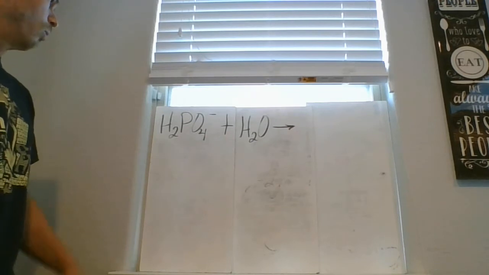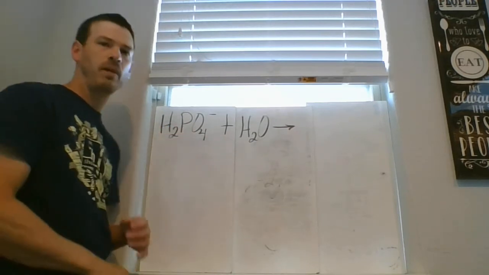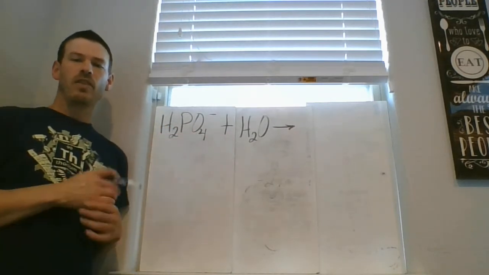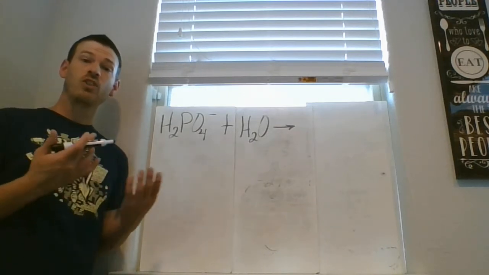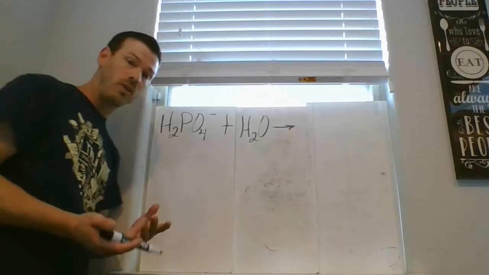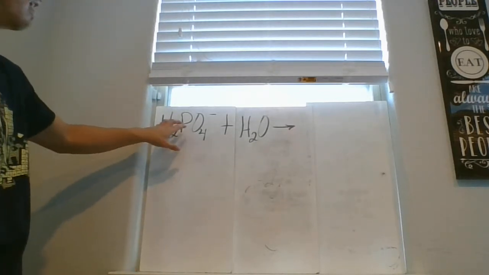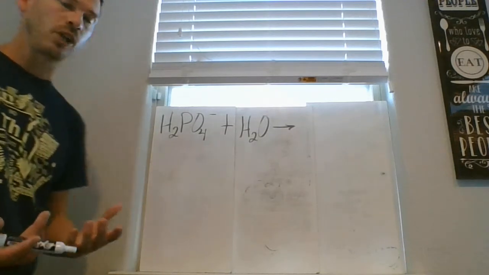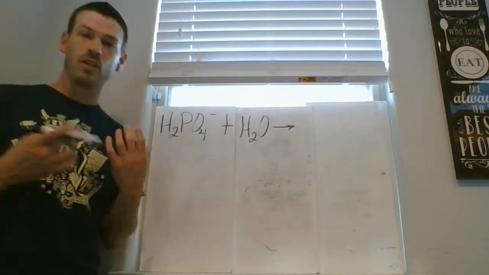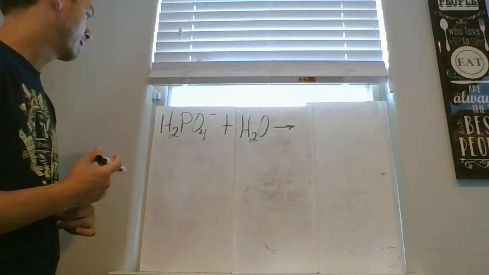I know that the H2PO4 minus is acidic. Therefore, it's going to behave the way that Bronsted-Lowry acids behave, and it's going to donate a proton. So in other words, one of the H pluses is expected to move from this compound to that compound during the interaction. So all I need to do is write the result of that.